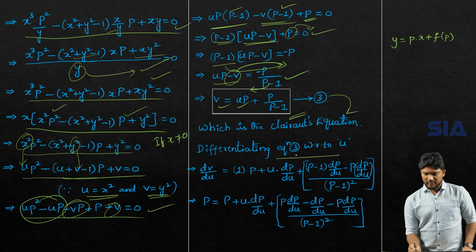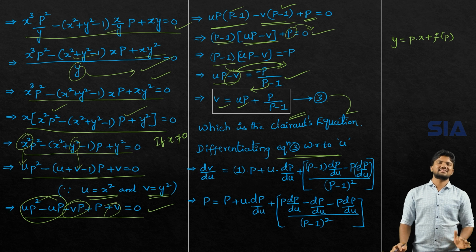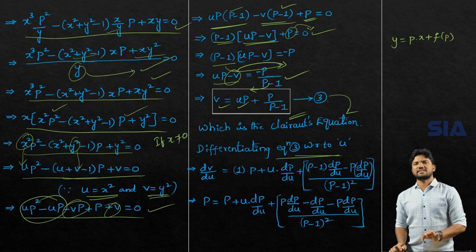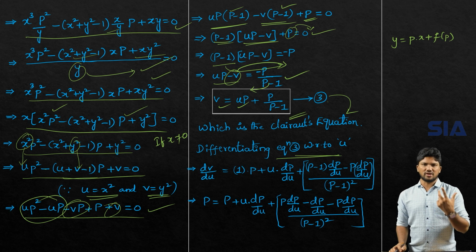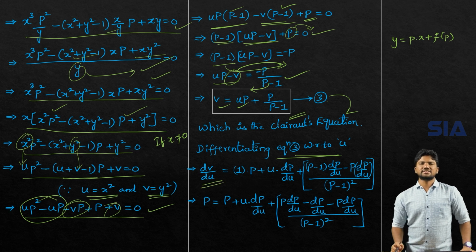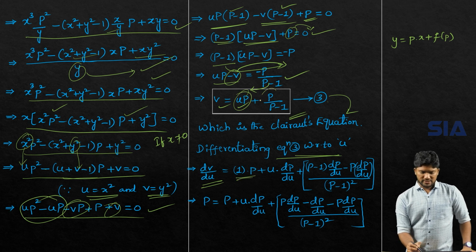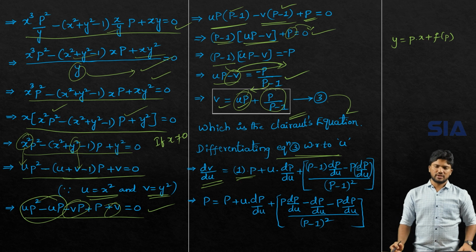Now differentiating equation 3 with respect to small u. What they are asking is to find the singular solution. To find that singular solution, we have to eliminate the arbitrary constants. So to get that, apply first differentiation, dv by du is equal to, for the first term up you will get 1 into p plus u into dp by du, plus second term p by p minus 1, you can apply the d by dx of u by v formula.